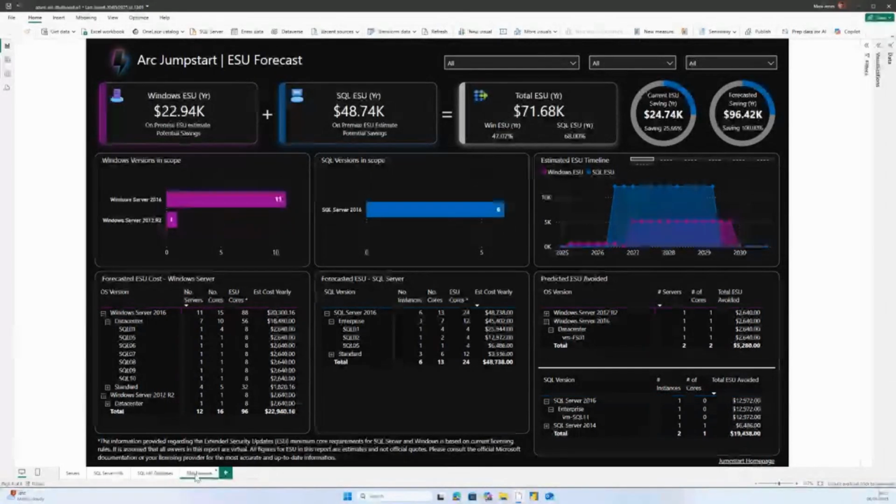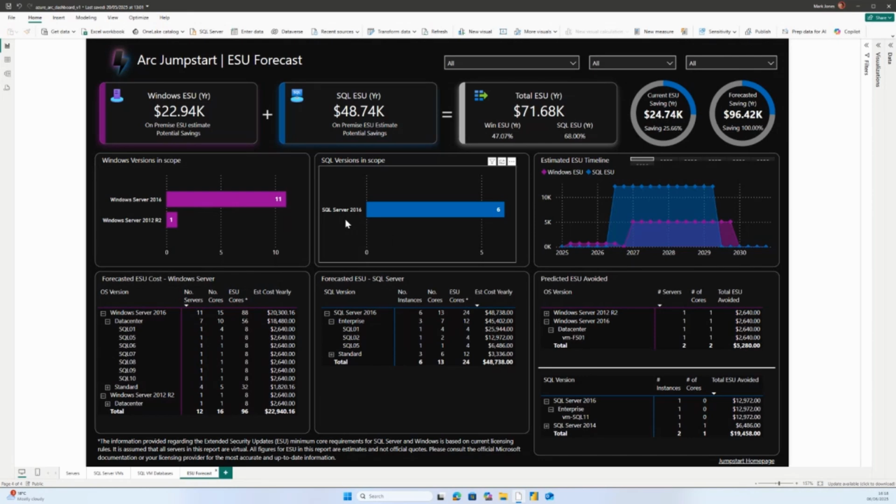And so what this dashboard does is, instead of focusing on servers that are currently within extended support, which it will do, it will pick up SQL 2012 servers, this starts to have a look at the ESUs that are just around the corner. So for Windows Server, for SQL Server 2016, we're looking at end dates for Windows Server of January 27, and for SQL 2016, July 26.